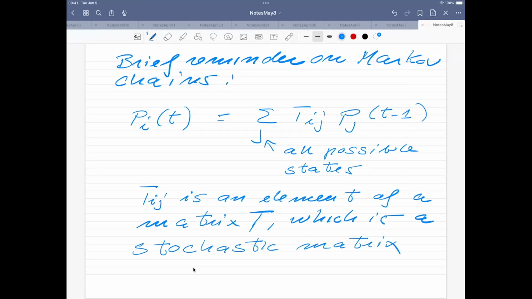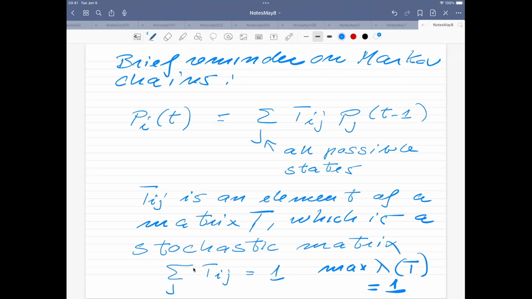What we know about the stochastic matrix is that when I sum over all j values of T ij, they sum to 1. So if we're dealing with this discrete case, all the column matrix elements sum to 1. What we also know is that the largest eigenvalue, max lambda of T, is equal to 1. So this is essentially what characterizes a stochastic matrix.